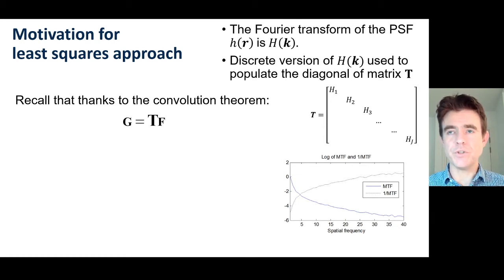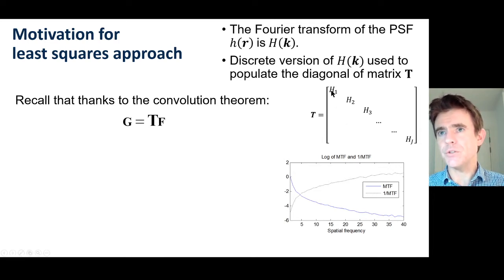Obviously, we deal with this using the discrete Fourier transform in practice, and we just create a diagonal matrix, and down the diagonal we just paste all of the values of the Fourier transform of the point response or point spread function, and then of course all the other elements are 0 to keep this as a diagonal matrix. And then just as an illustration here, I'm showing the modulation transfer function, which is basically a normalized version of that transfer function.